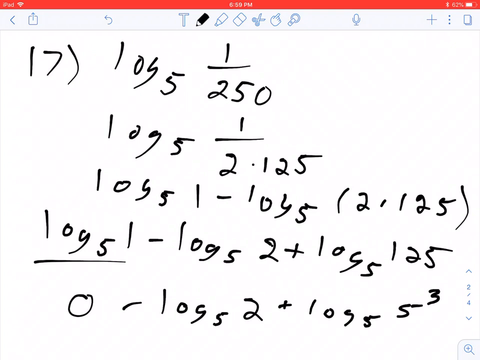Now, I'm going to run out of room here, but the 0 goes away. We have negative log base 5 of 2 plus, remember the power property allows us to bring the 3 down, and then it becomes log base 5 of 5. Well, log base 5 of 5 cancels, and so this just goes away, and we're just left with the 3.